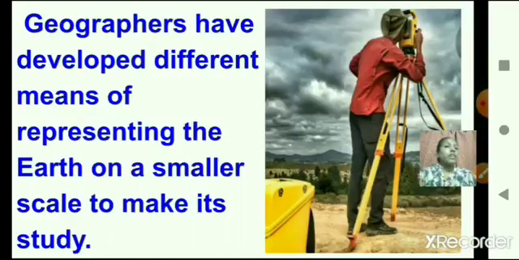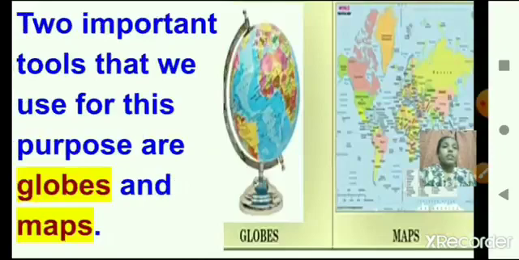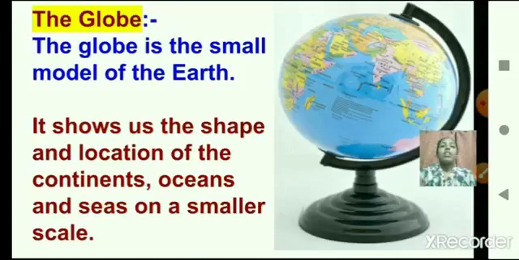Geographers have developed different means of representing the earth on a smaller scale to make its study easier. Therefore, the two important tools that we use for this purpose are globes and maps. The globe is a small model of the earth.